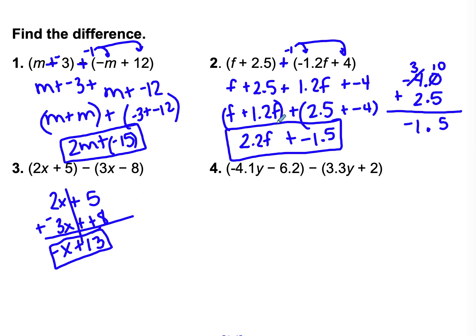All right, and our last one, again, I'll do this one vertical for people that like to see that method. Negative 4 and 1/10 y. Boom, boom.